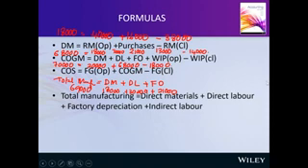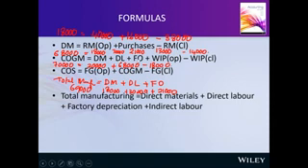Let me repeat again. The formulas that you must know: the first one is direct material, which is equal to raw material opening plus purchases minus raw material closing. Second, for cost of goods manufactured, the formula is direct material plus direct labor plus factory overhead.